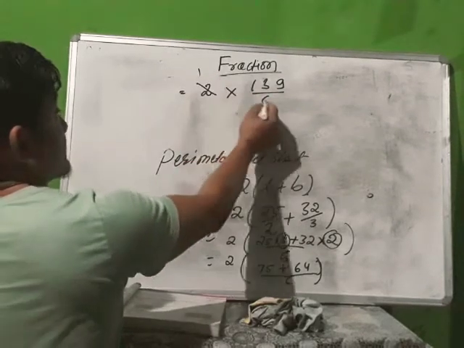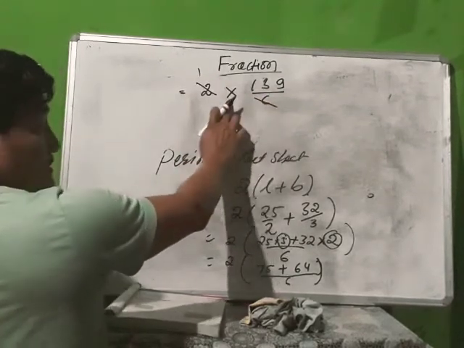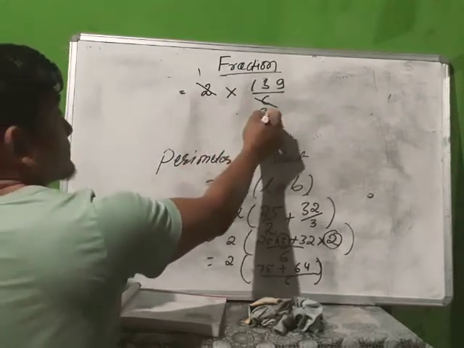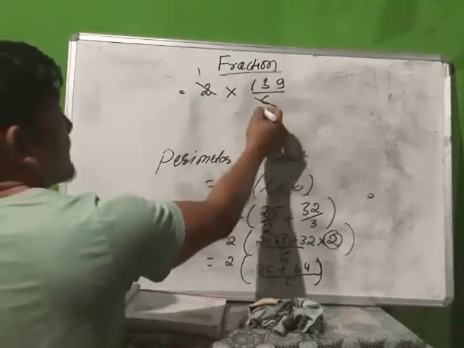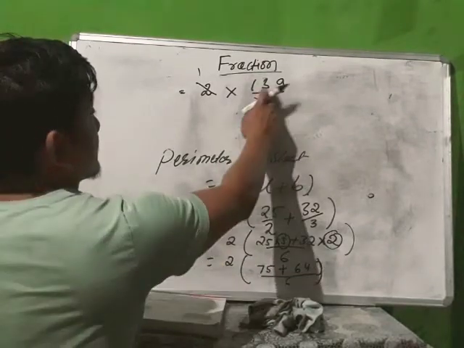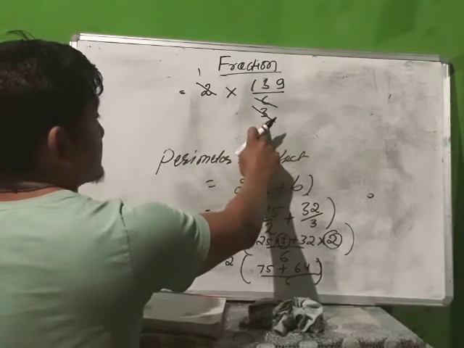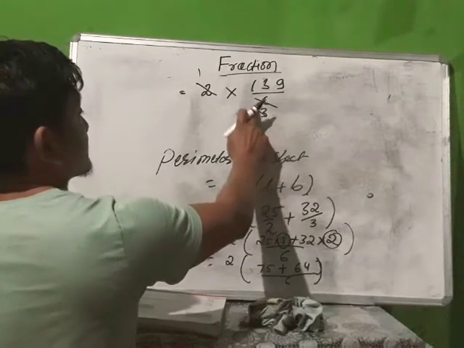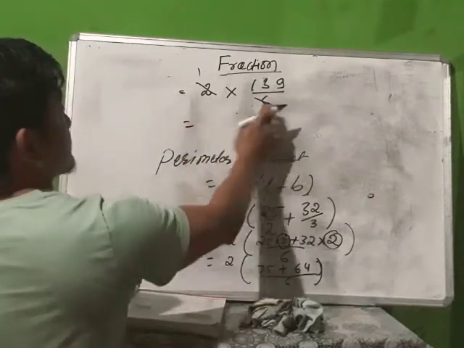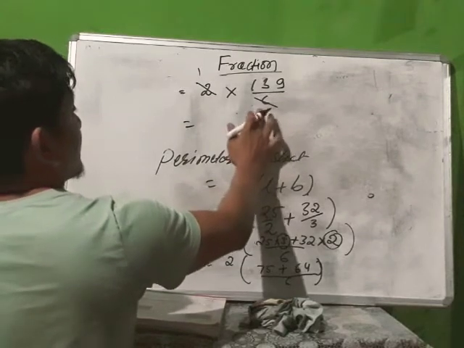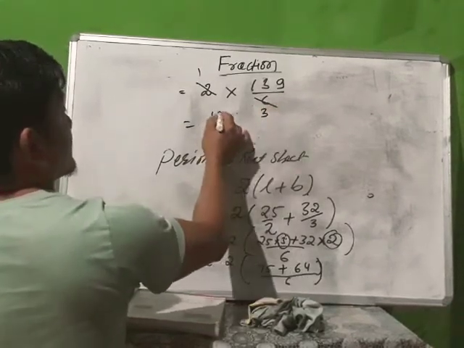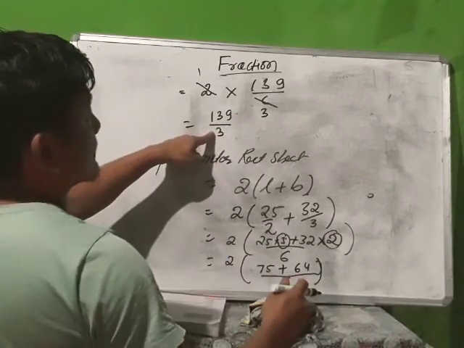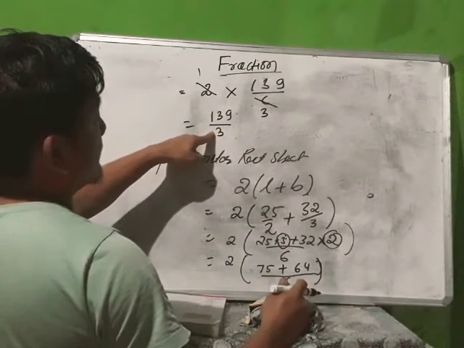Due to the presence of the multiplication sign, you can cancel here. 2 ones are 2, 2 threes are 6. Can 139 and 3 be cancelled? No, it can't be cancelled. So you just leave this as 139 divided by 3.